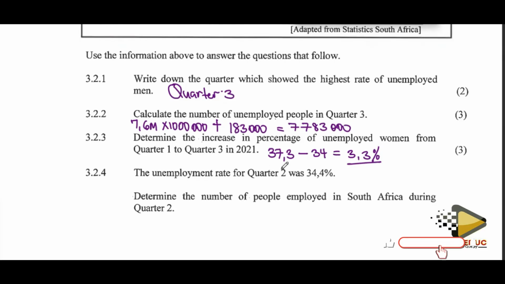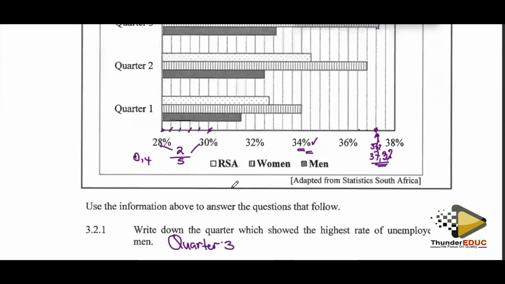All right, the unemployment rate for quarter 2 was 34.4%. Determine the number of people employed in South Africa during the second quarter. We're going to analyze this from up here.